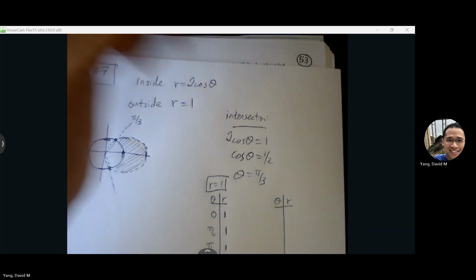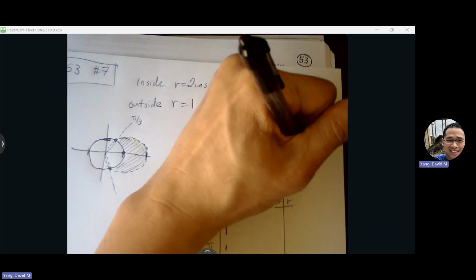Let's see. This is R equals 2 cosine theta.